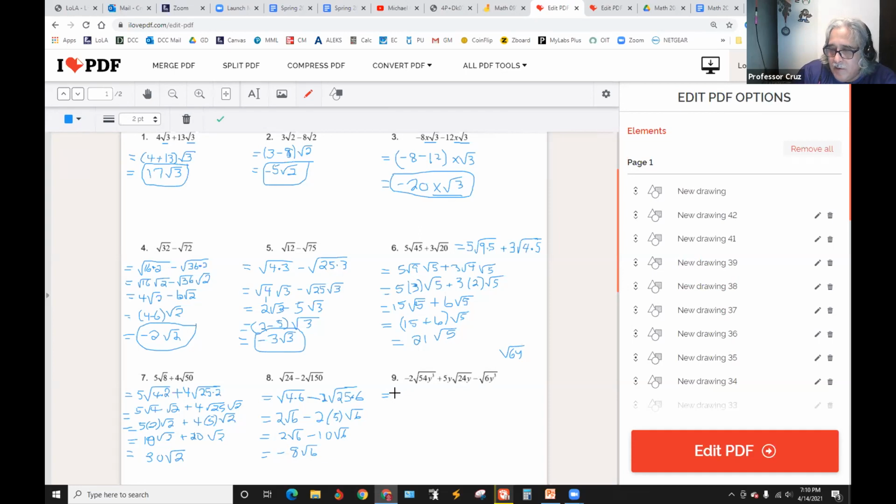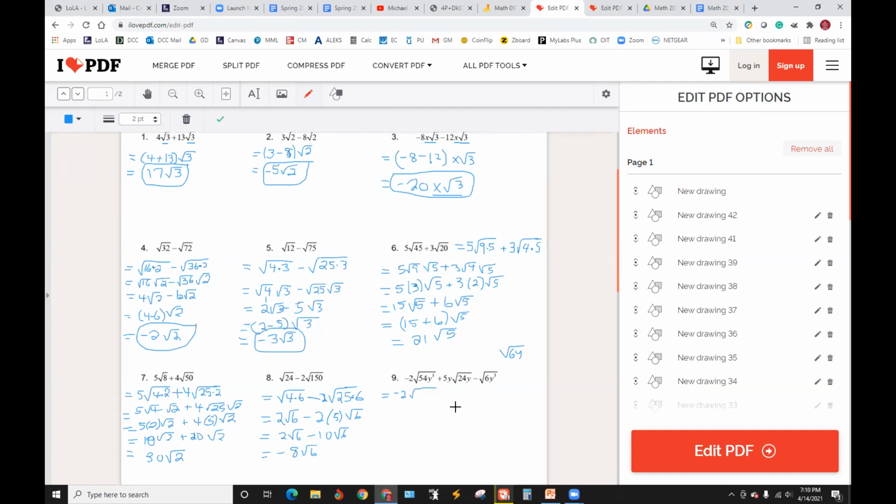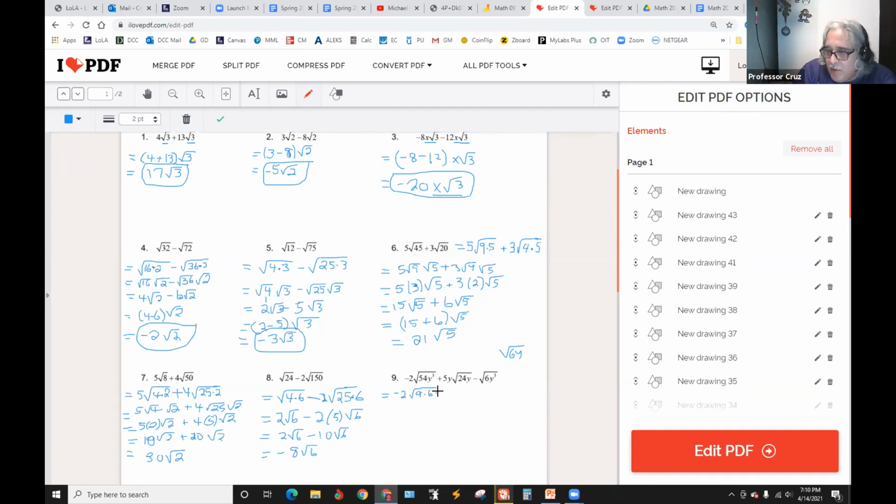All right. So this is going to be 6 times what? 6 times 9. Well, 9 is a perfect square, so that's good news. And then there's a y cubed.